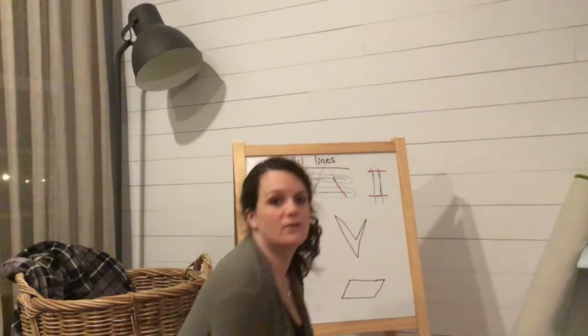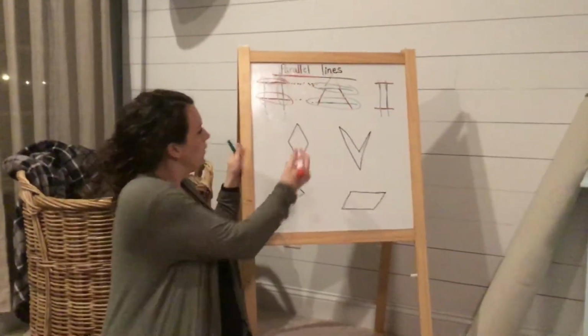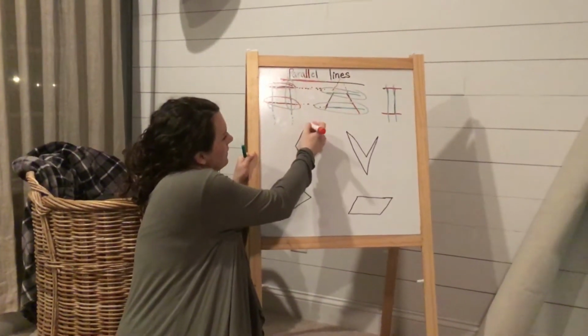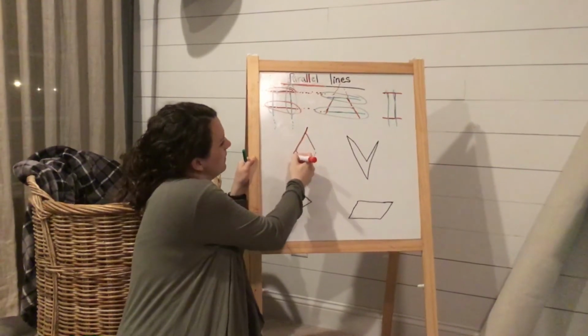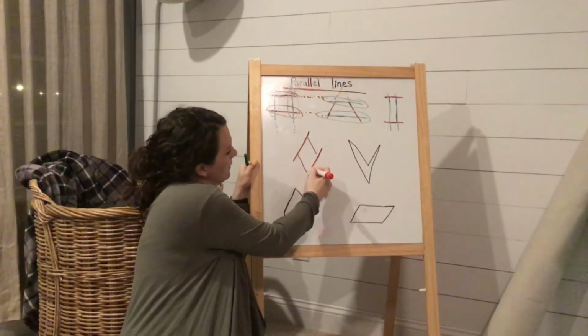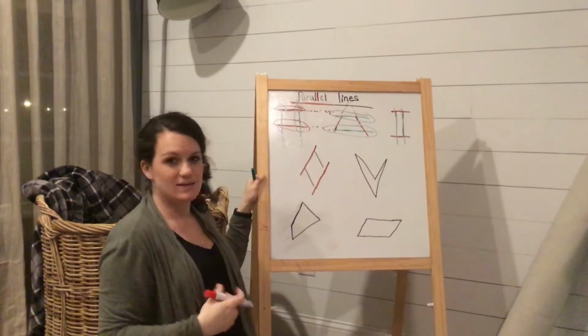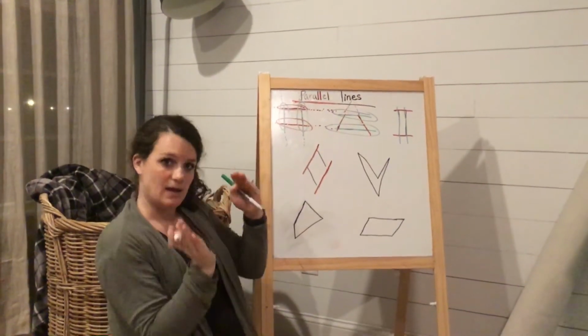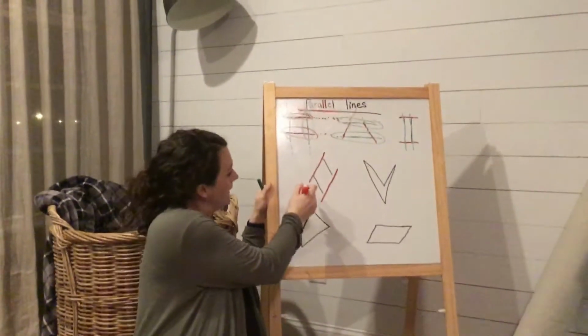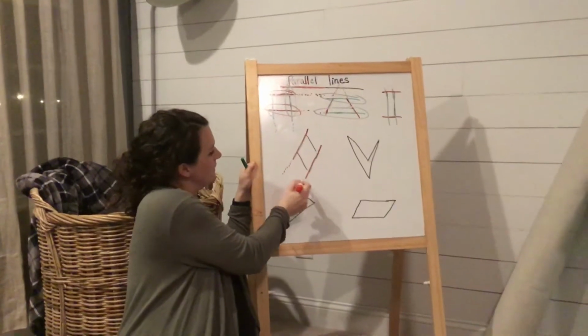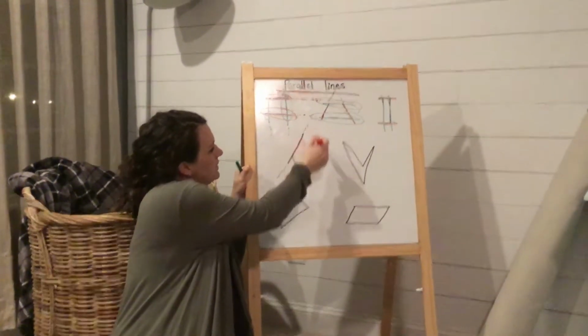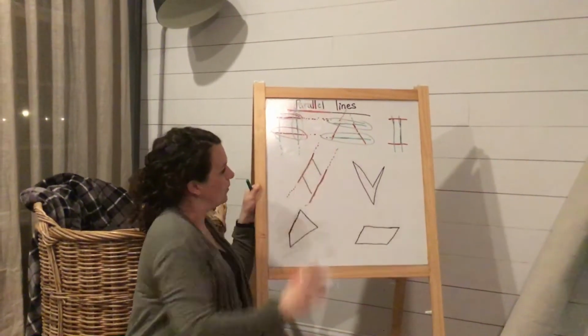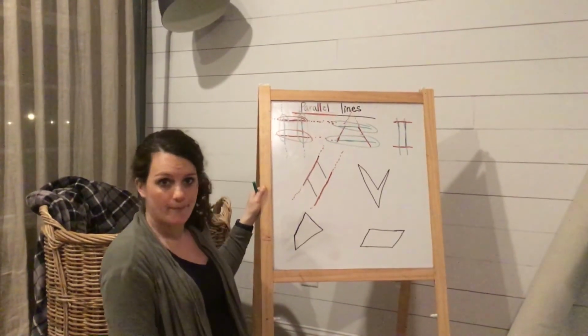Now if we look down here at this rhombus, let's look at this part and this line here. Sometimes it's a little bit tricky when it's not straight, it's on an angle a little bit, but we have to try and visualize if it continued on and on in both directions, would they ever cross? No, they're parallel.